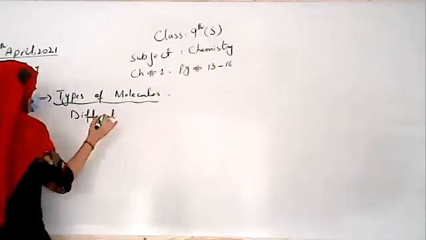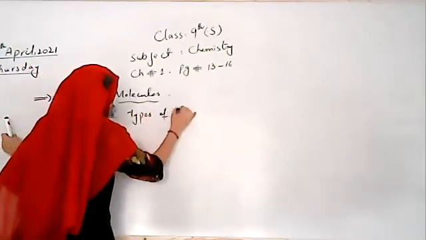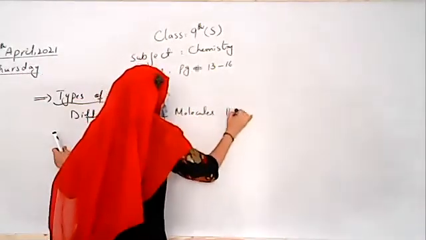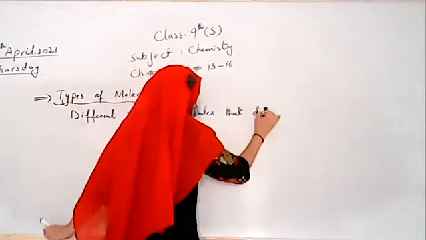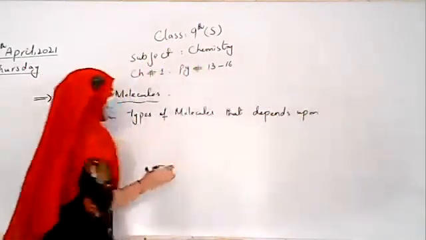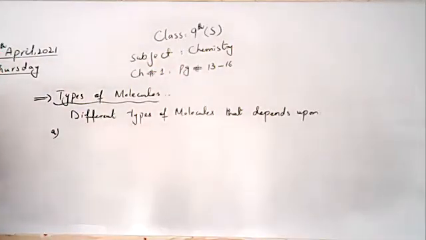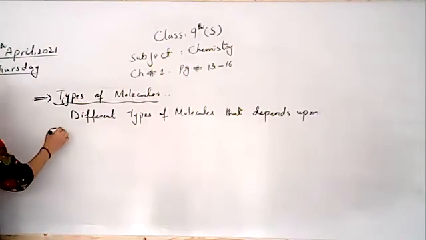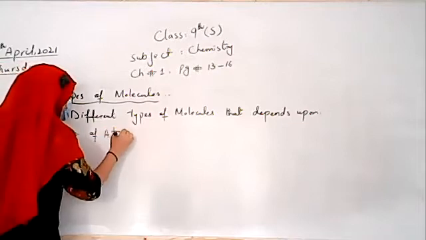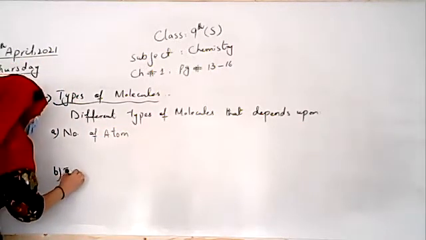There are many types of molecules. The types of molecules depend upon: A, number of atoms; B, types of atoms.